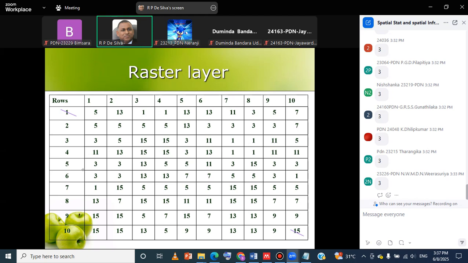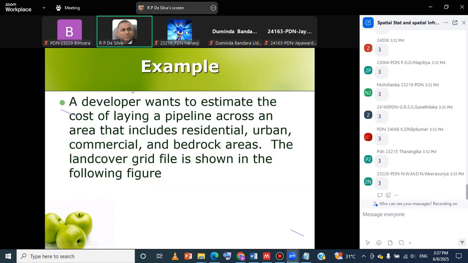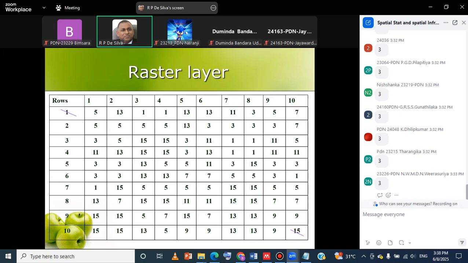Now, what is the cheapest path that you would recommend to him to put the pipeline? That is the question. The developer wants to put the pipeline across residential, urban, commercial, and bedrock areas. Now, he's asking what is the way to put the pipeline from cell 1 to cell 10, right?